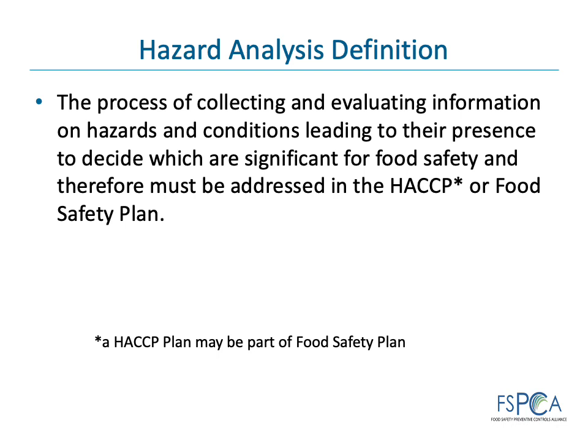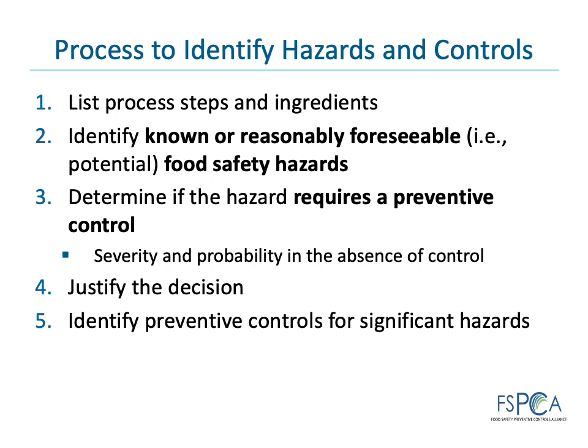Only those hazards that pose a risk to the health of consumers should be included in the food safety plan. Not all potential hazards require a preventive control in an individual operation. A sequence of steps is followed to complete a hazard analysis, and each of the items listed above is discussed in this chapter.